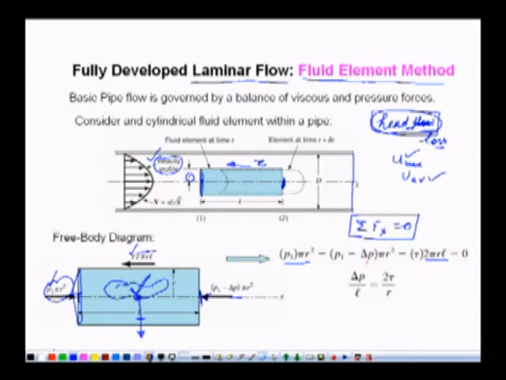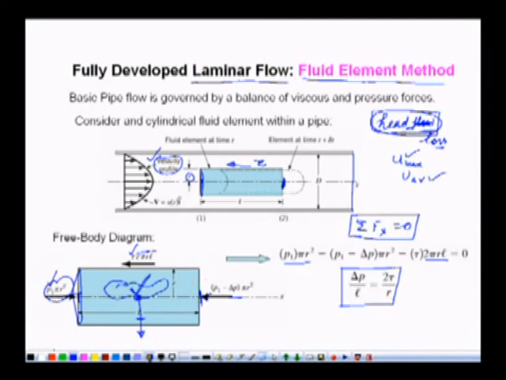With the help of this equation, developed on the basis of summation of Fx equal to 0, we can write del P over L is equal to 2 tau divided by r.